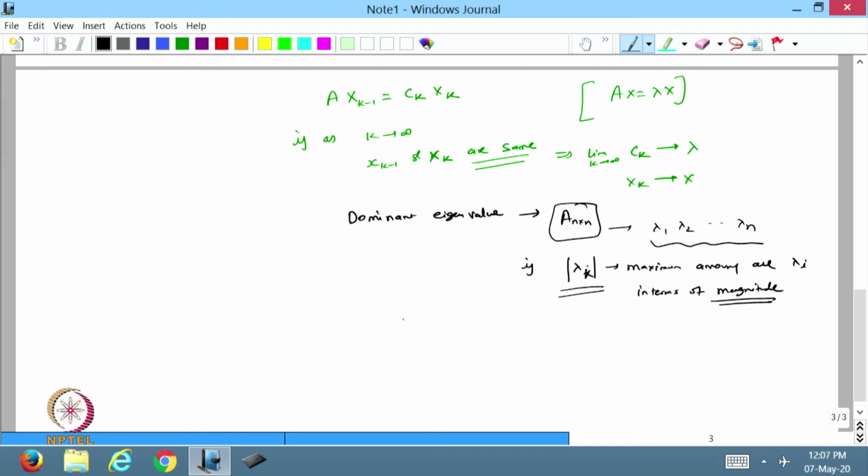Then the eigenvector xk corresponding to lambda k is called the dominant eigenvector.